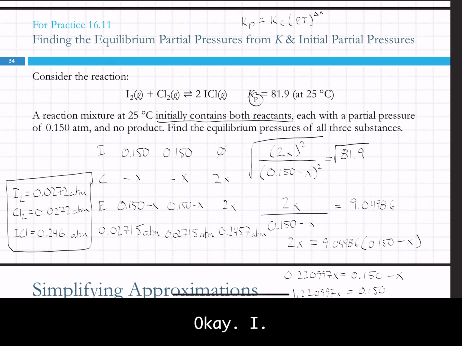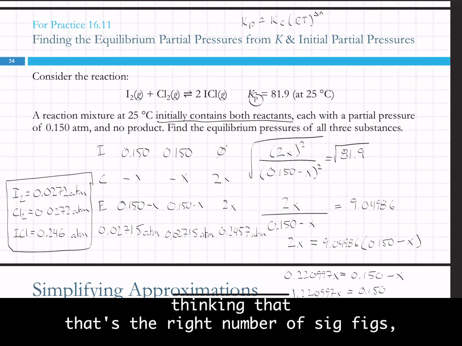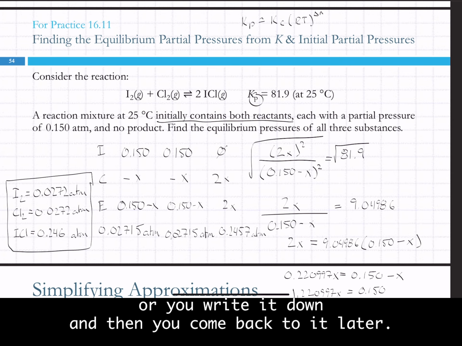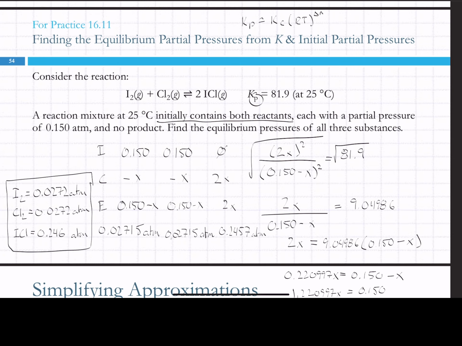Okay. I need to make those fixes because I don't want somebody to walk away thinking that's the right number of sig figs, or you write it down and then come back to it later, having forgotten all of this context of how many mistakes I made today, and think, why was it that way?